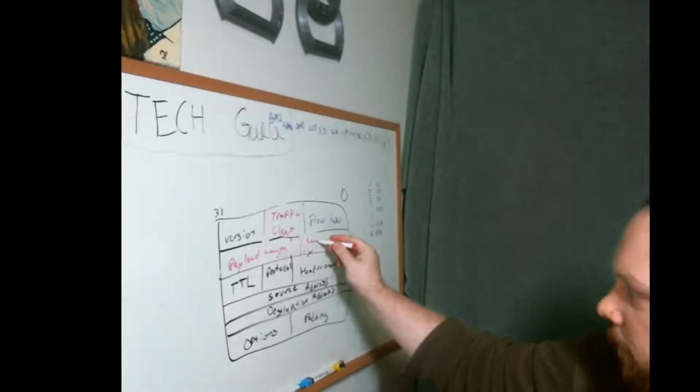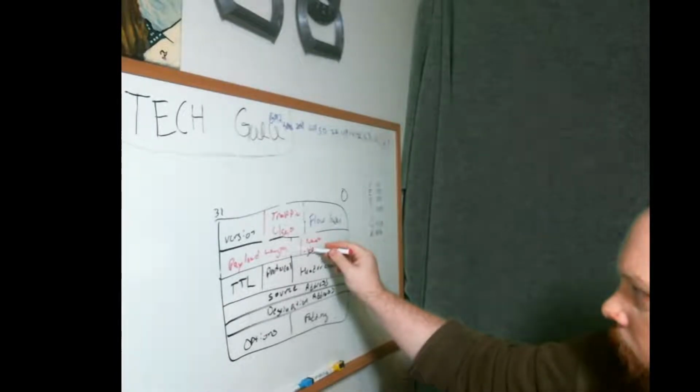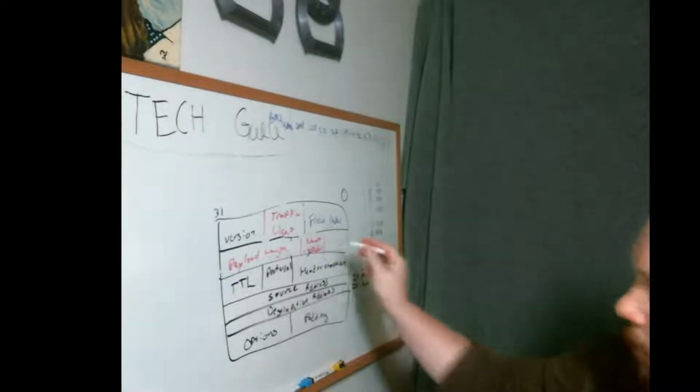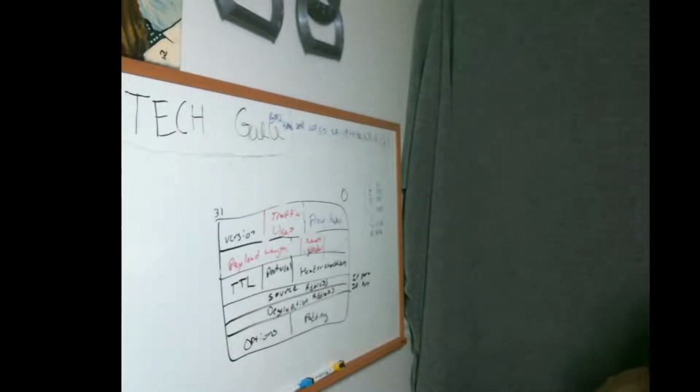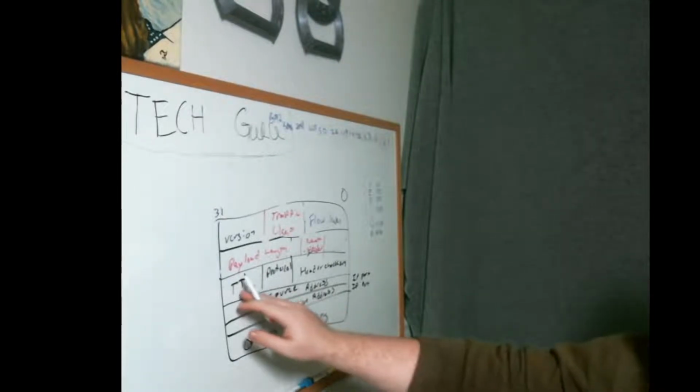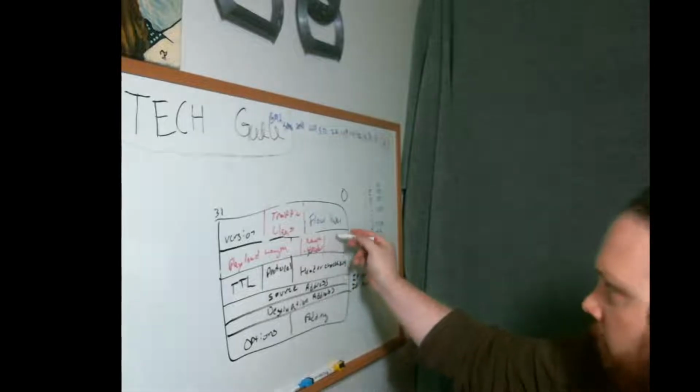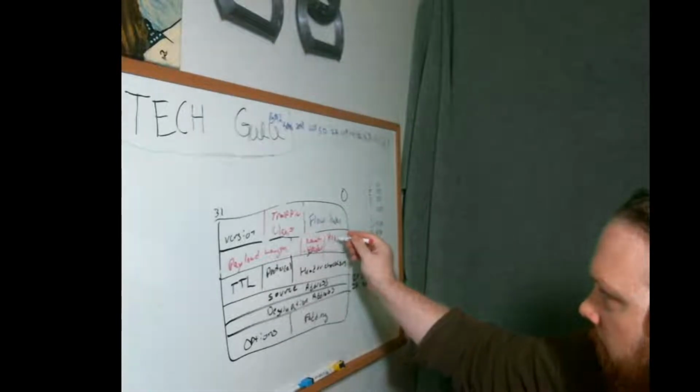The next header, which is important for the mobile, and the time to live becomes the hop limit.